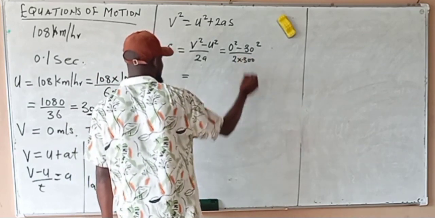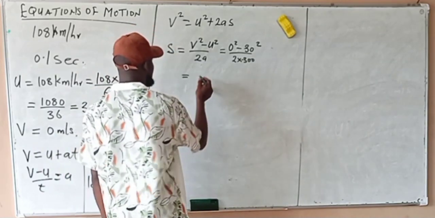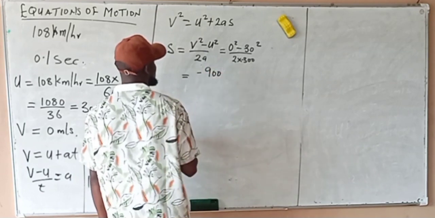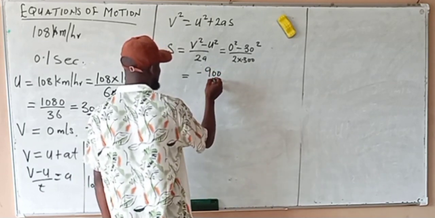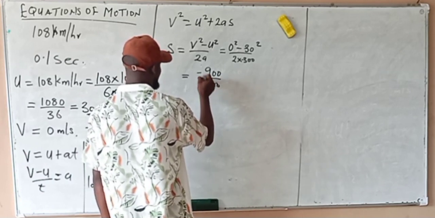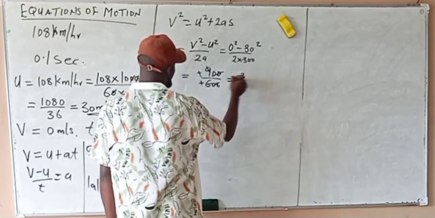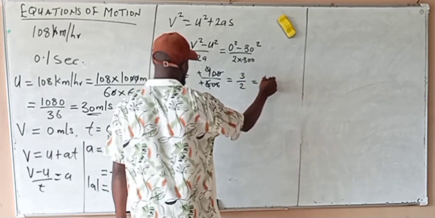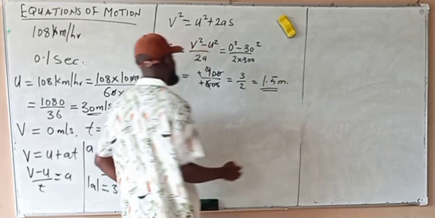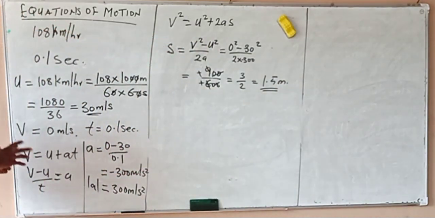So remember, this was negative, so we're going to have minus 900. That's 30 times 30, over minus 600. We cancel this, cancel this, so 3 here, 2 here, that's 1.5 meters. So that's the distance. You can stop that car in 1.5 meters.